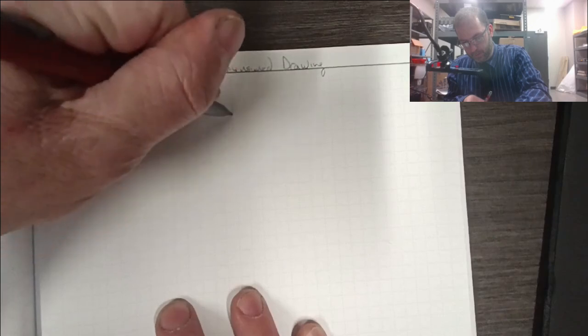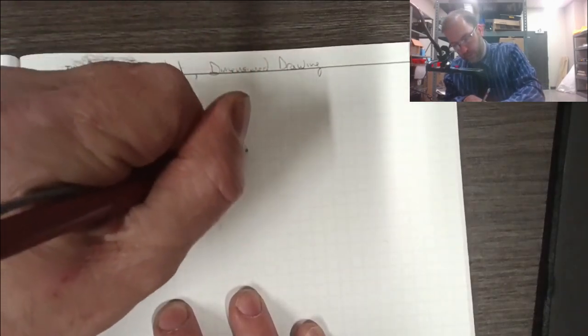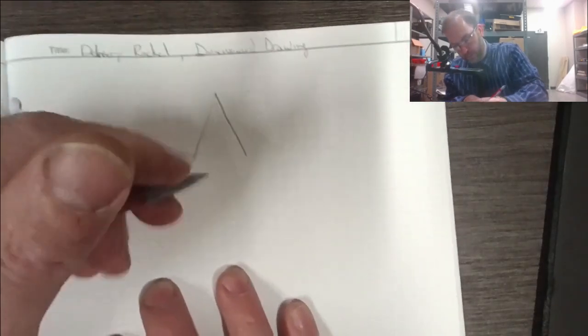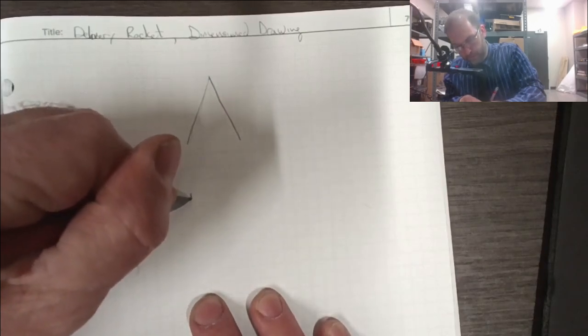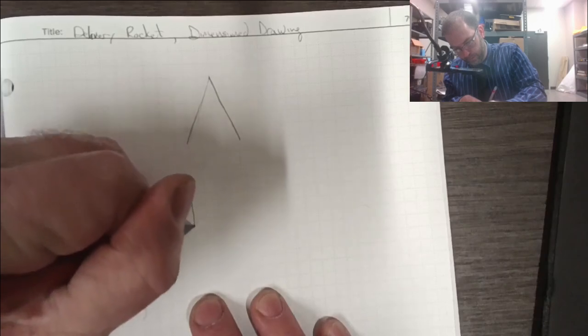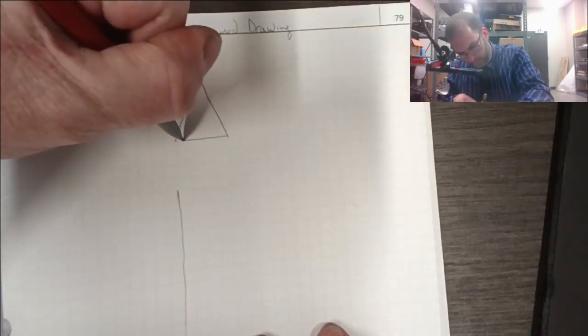Let me start by working on my nose cone. At this point, I'm going to keep these parts somewhat separate. So I'll draw my body here, down below it, and then I'm going to cut off this part.